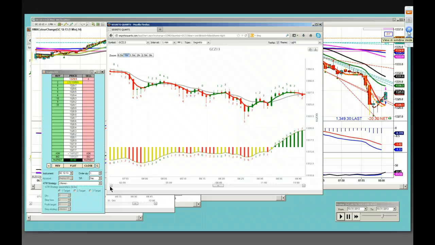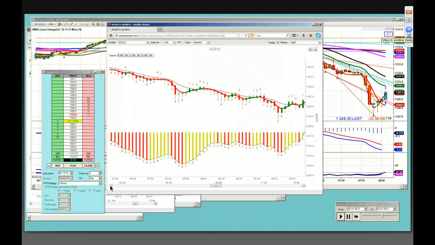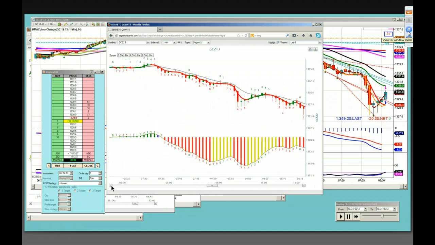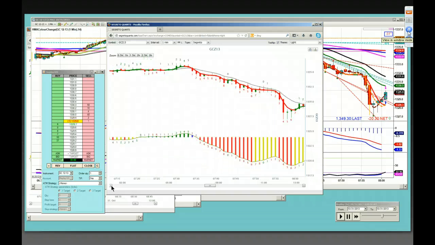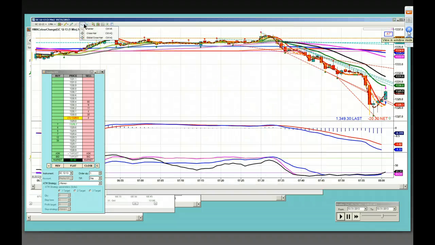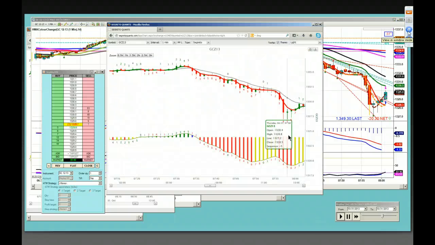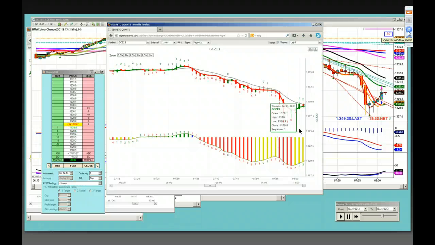If we look at the Segredo at this 8 o'clock window here, based on my entry here at 8:01, you're going to see a green bar with a green number 1 and a yellow bar at the bottom, which we call the histogram, with a green number 1.